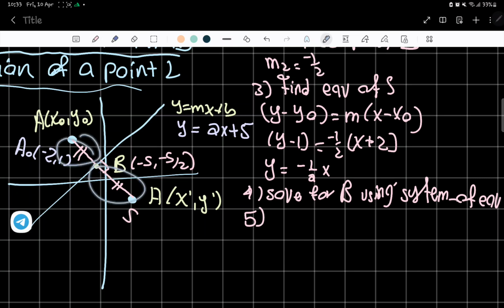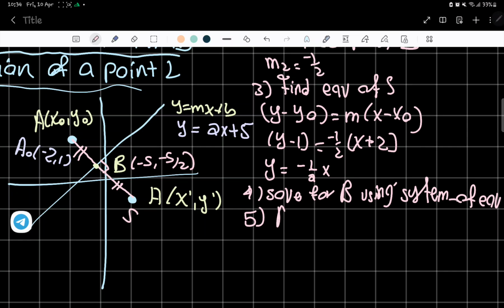Okay, so once we figure this out, we know that this is equal to this, right? So this bisects s, so this half is equal to this half. What we're going to do is, if we add up this point and this point, it's going to equal this when we divide it by 2. So let me explain this in the easiest way.